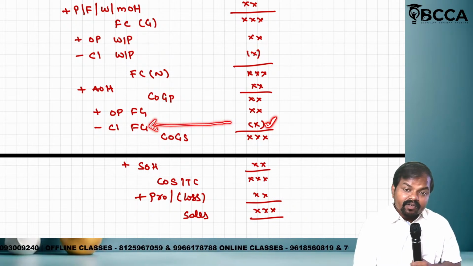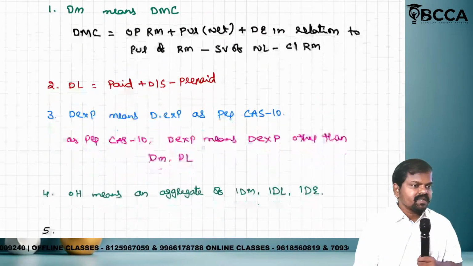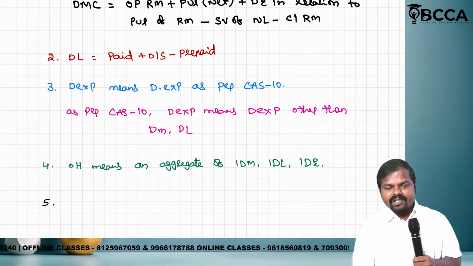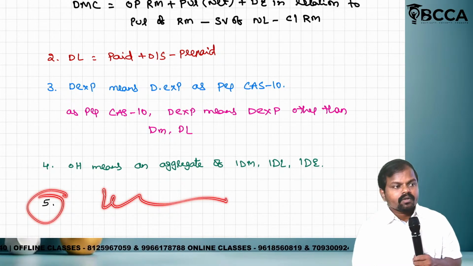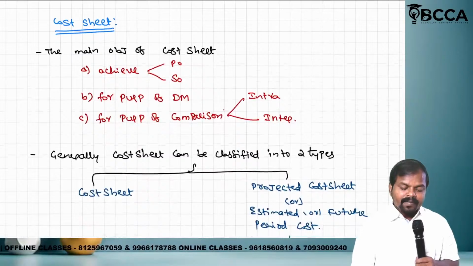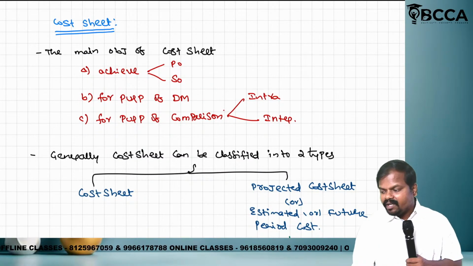Closing stock of? How to value this value? That is the reason we have to discuss. Before moving into point number 5, closing stock valuation, please make it note. Put the heading cost sheet. Please make it note in a very fast manner.